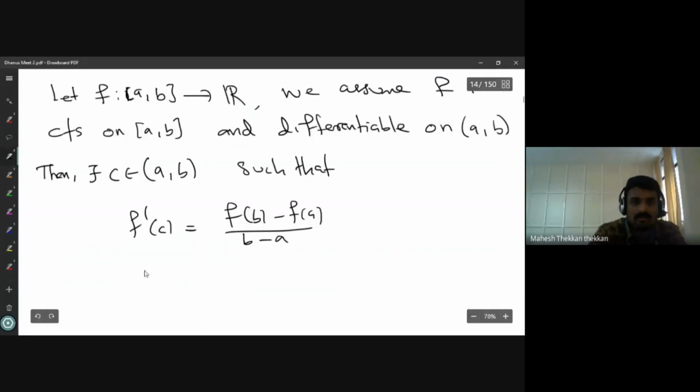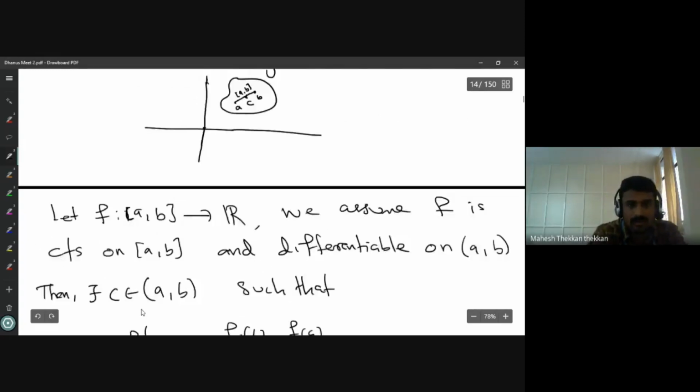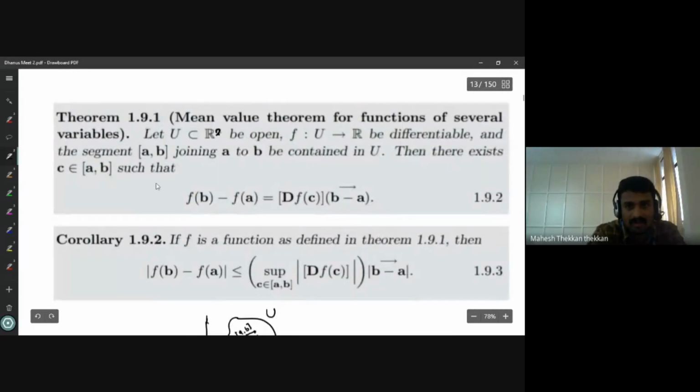So this we can write this way, right? F dash of c into b minus a is equal to f of b minus f of a. So here I cannot divide it by b minus a. This is because b minus a is a vector. So that doesn't make sense.